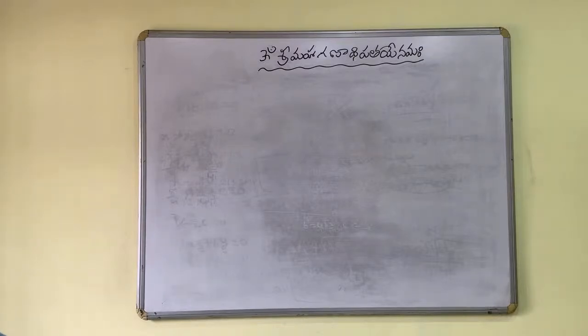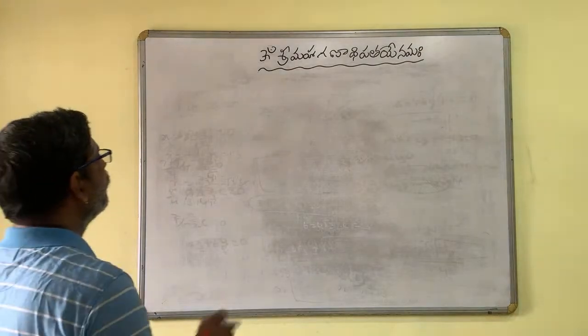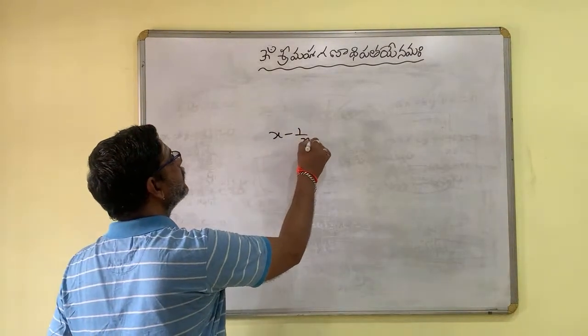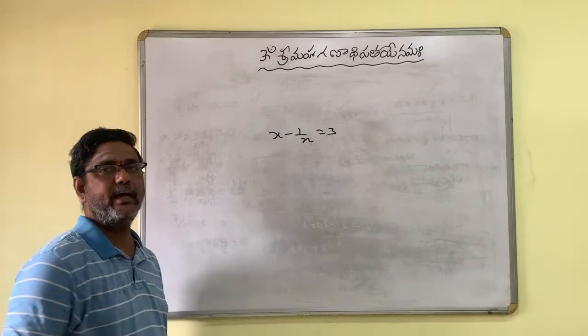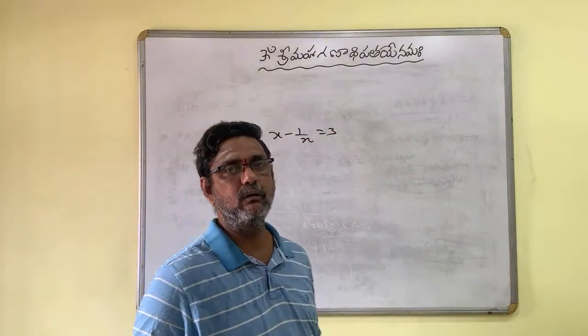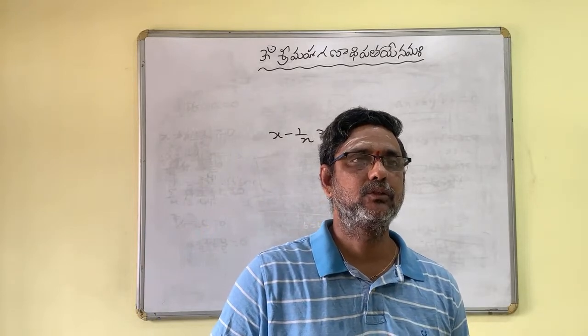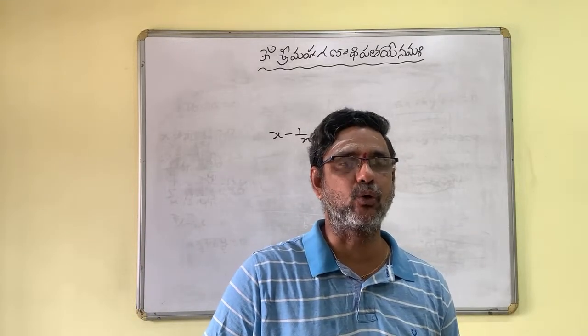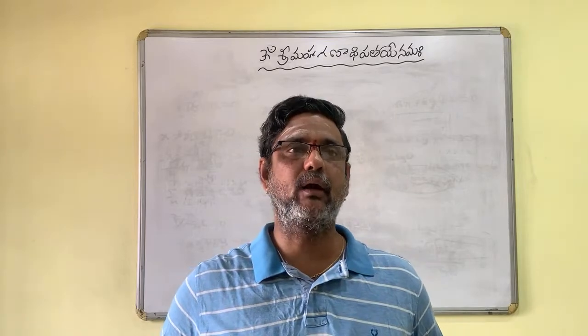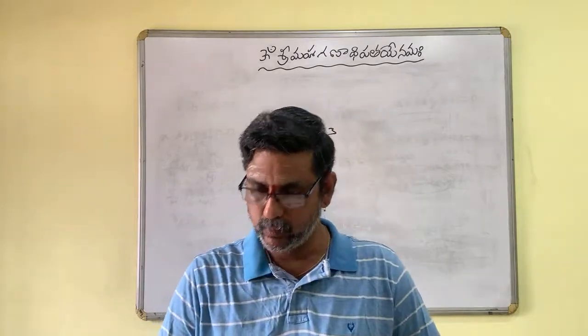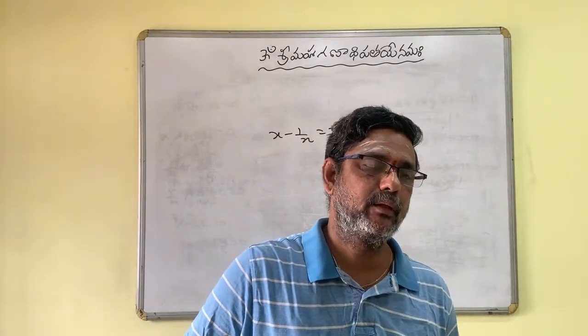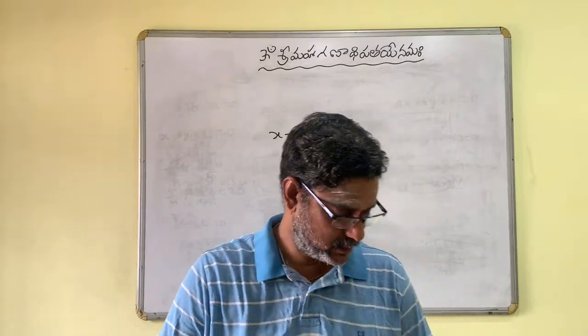See the question. x minus 1 by x is equal to 3. Solve this quadratic equation and find its roots using the quadratic formula. Okay, x minus 1 by x.